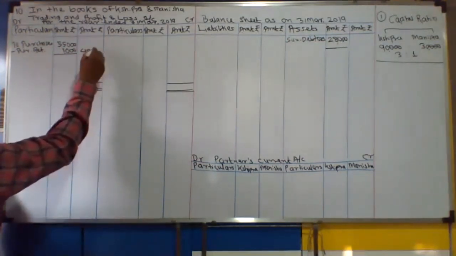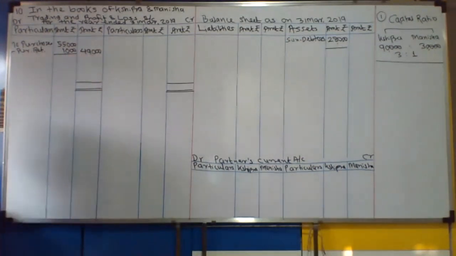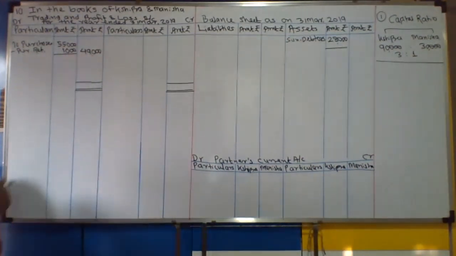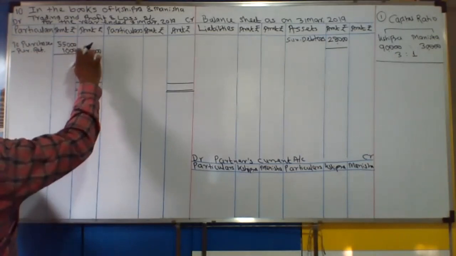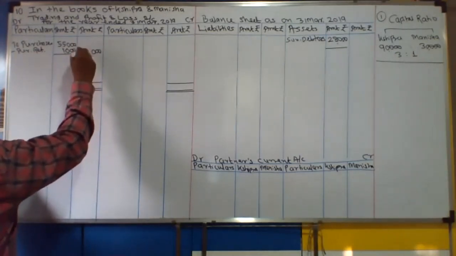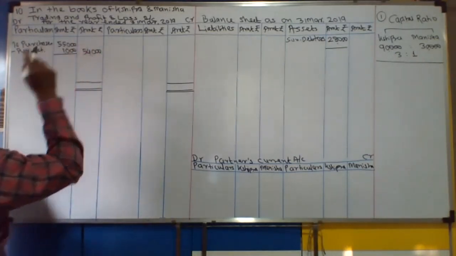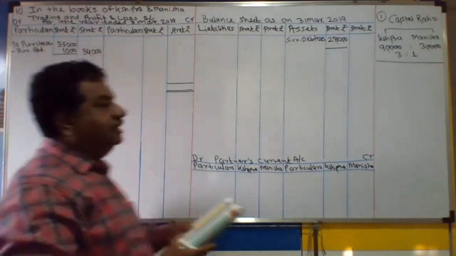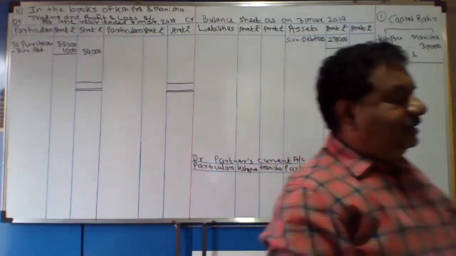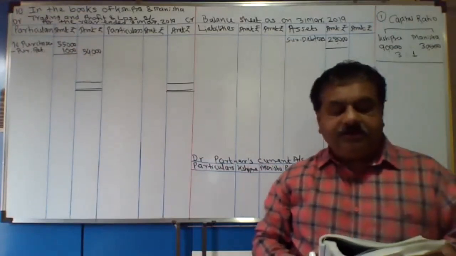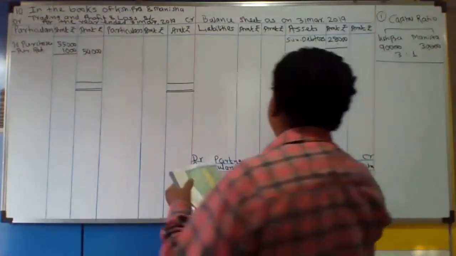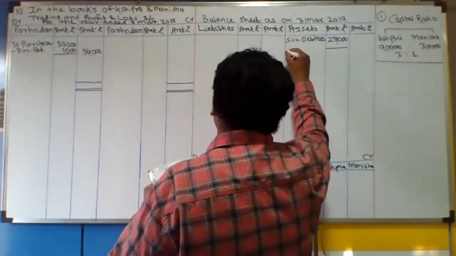Outer column nowadays 49,000. Sorry, 54,000. मैंने गलती से 49,000 लिखा है. Please make the correction. अगर आपने नहीं लिखा तो अच्छी बात है. It is 54,000 by the way. Then thereafter furniture 38,500. Balance sheet asset.